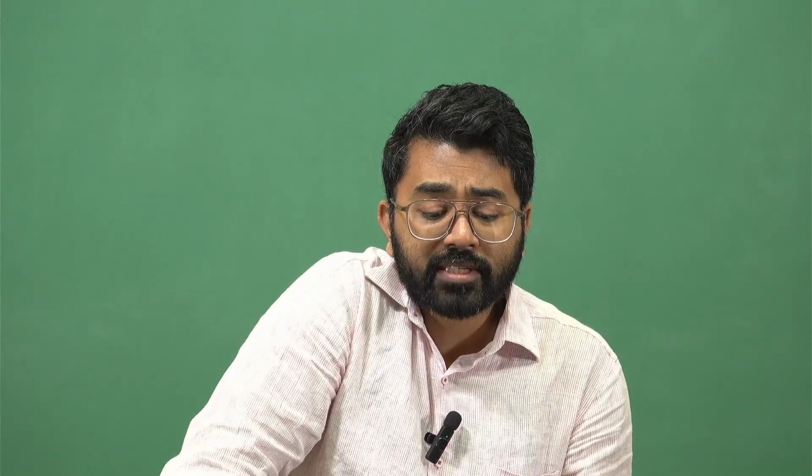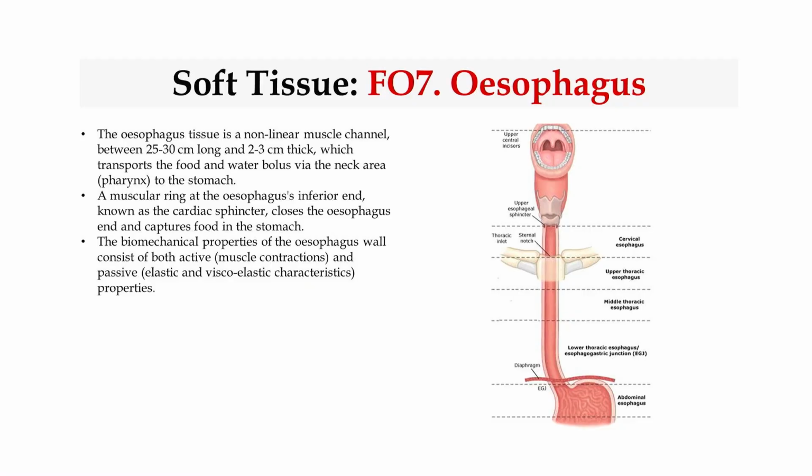You're looking at the thoracic inlet, where there is the sternal notch. This is specifically the area of the cervical esophagus, followed by the upper thoracic esophagus, the middle thoracic esophagus, and finally going all the way to the lower thoracic esophagus, or the esophagogastric junction, or the EGJ. This is how it is termed, right?